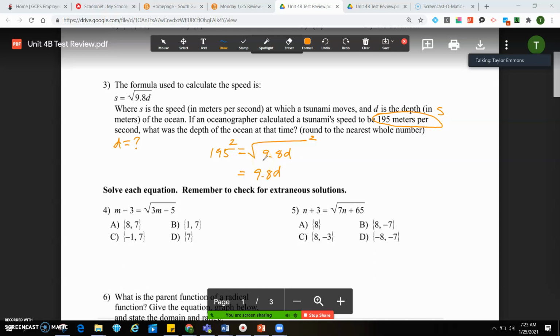And on the other side, we're going to get 38,025. In order to get D by itself, we're going to divide by 9.8. And so that's going to give me D equals 3,880. And this is round to the nearest whole number. So we're just going to leave it in meters.